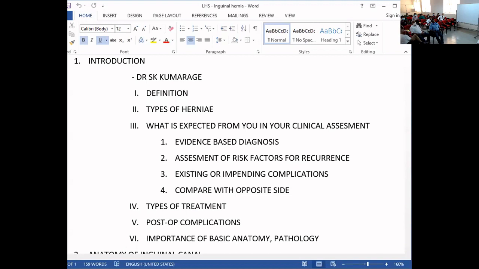So it is an abnormal thing, and it is a protrusion, and this protrusion occurs through the wall, which is weakened. If I push my tongue against the cheek, that will protrude my cheek, but that is not an abnormal protrusion, and that is not a weak wall also.